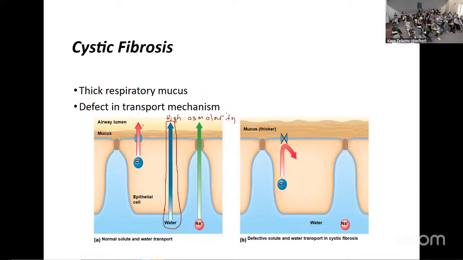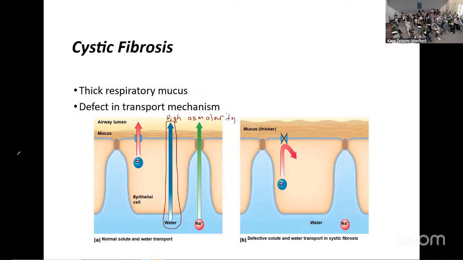One of the functions of this process is that it keeps the mucus that lines your lung tissue watery enough that it moves around, doesn't get in your way, and stays thin enough across the whole layer of your lungs. Because we want to keep our lungs moist, but we don't want to fill up the space. So that's what should be happening.